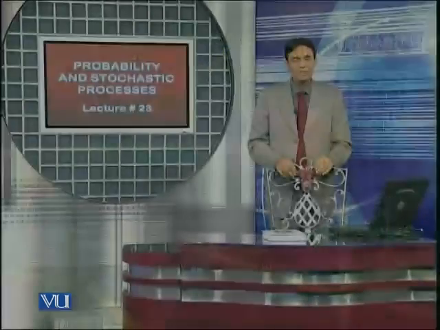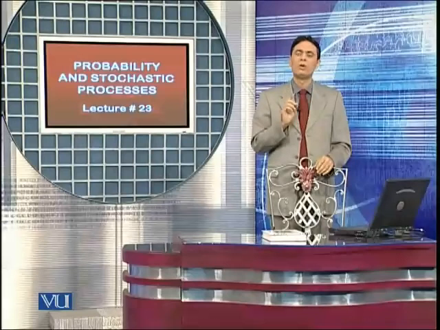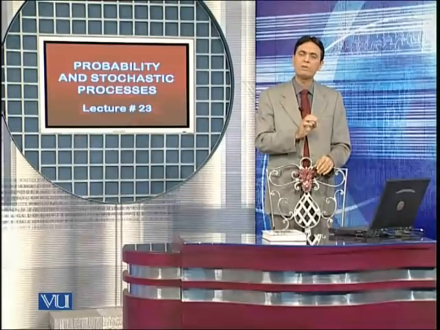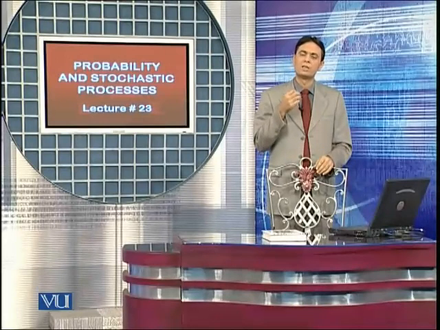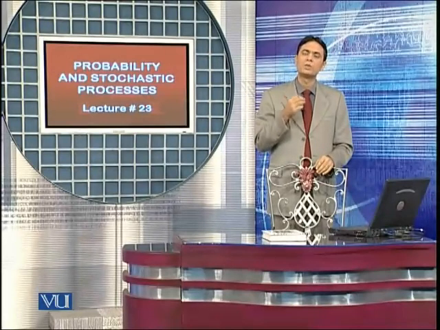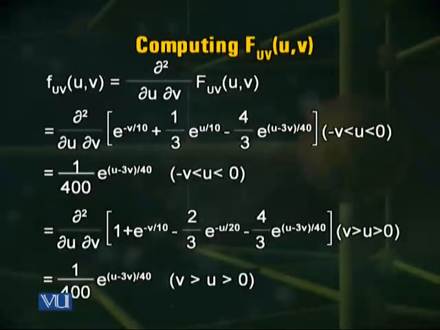And interestingly, even though we had two different expressions for the joint CDF of U and V, when you take their partial derivatives, the expression for the joint PDF is the same, whether you take a negative value of U or a positive value of U, and that expression you can see on your screen is 1 over 400 times e raised to the power U over 40 minus 3V over 40.